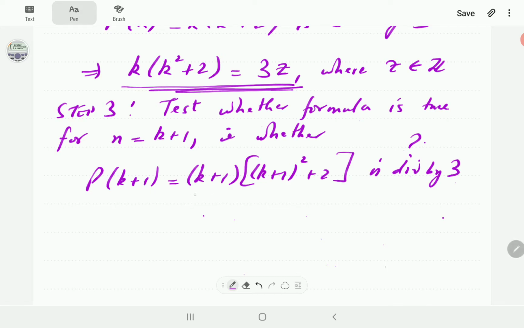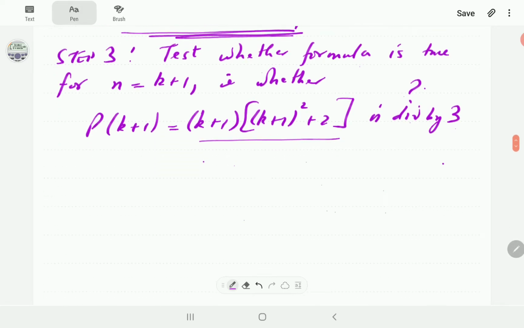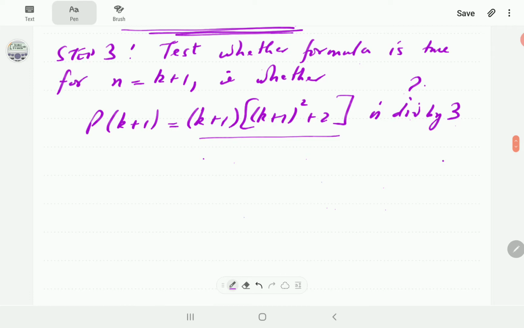Alright, so the thing we're going to do is first expand this. If we expand what is inside the square brackets, we're going to have k squared plus 2k plus 1, and then plus 2, so it's going to be k squared plus 2k plus 3.